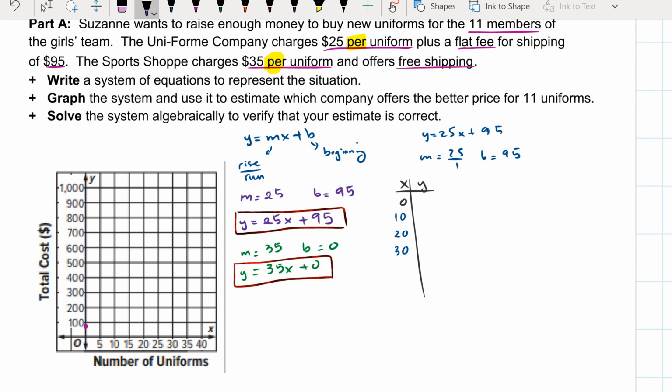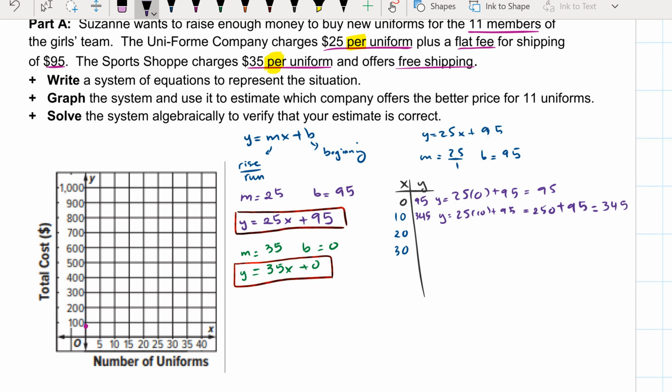So y equals 25 times 0 for the first case, plus 95. That will be 95, so the point is 0, 95. That's my first point; I already put it in. Then y equals 25 times 10 plus 95. 25 times 10 is 250, plus 95 is 345.